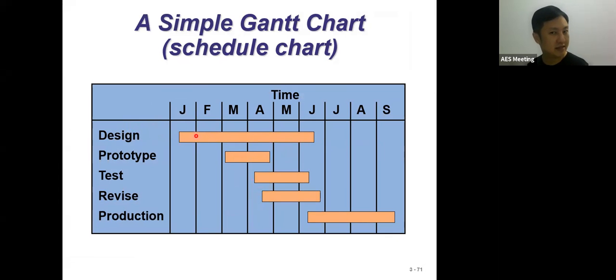But within the design duration, your prototype has already started. Your test starts slightly later than your prototype. So during your design, your prototype and your test are already completed. Revise takes more time, and production will start right after your test has been completed. So production will be ongoing until the end.